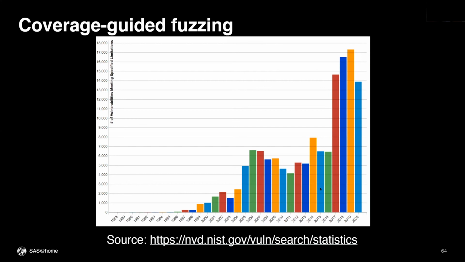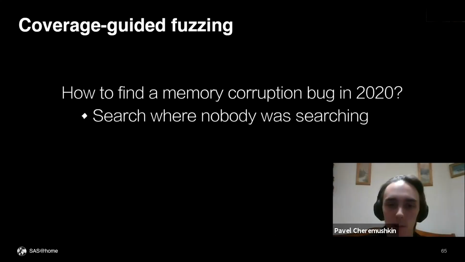Hopefully we will see this number decrease later on, because a lot of software has been fuzzed to death already, we will find fewer vulnerabilities, and software will become more stable. But the question is, how do you find memory corruption bugs in 2020?